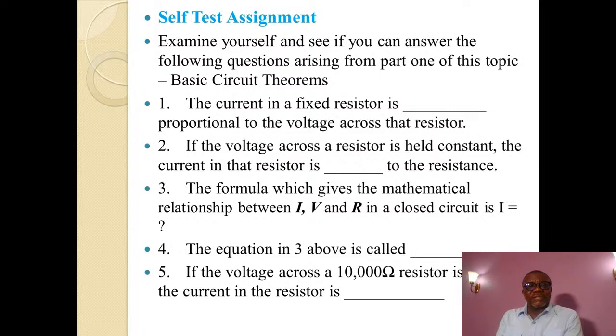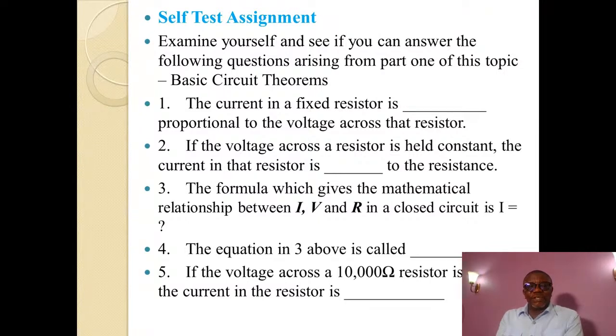The first one says, the current in a fixed resistor is dash proportional to the voltage across that resistor. 2, if the voltage across a resistor is held constant, the current in that resistor is dash to the resistance. 3, the formula which gives the mathematical relationship between I, V and R in a closed circuit is I equals what?